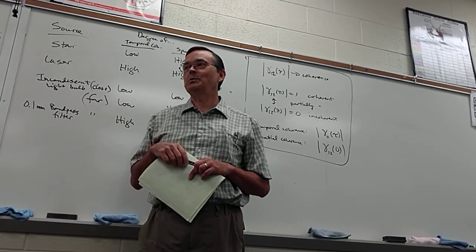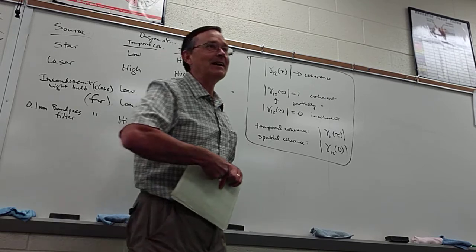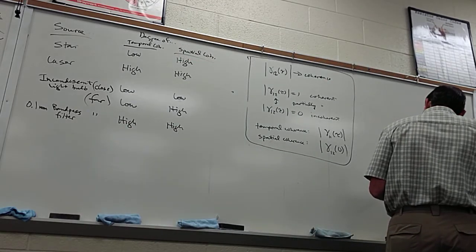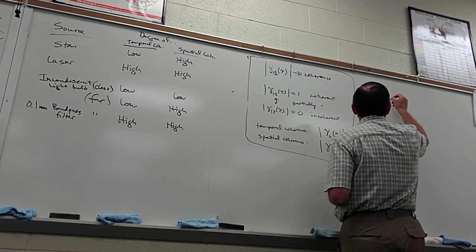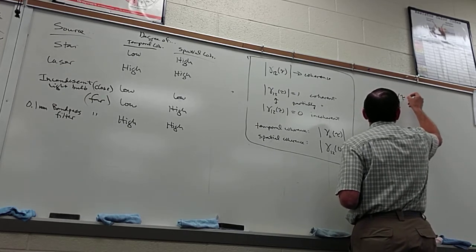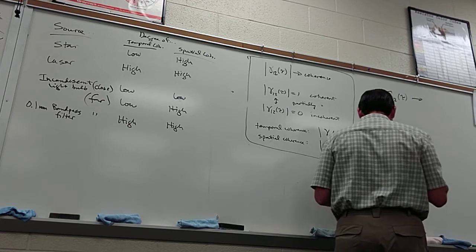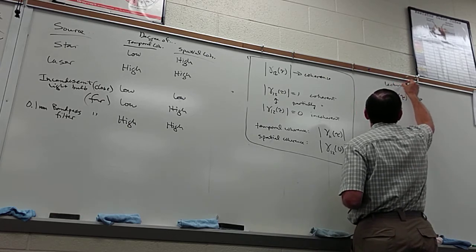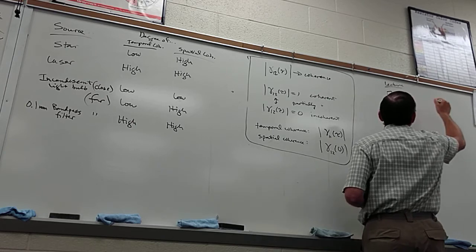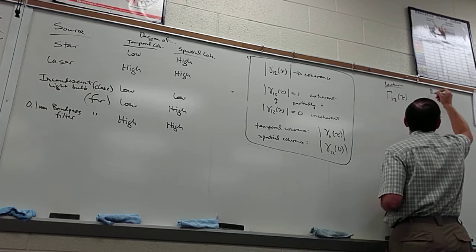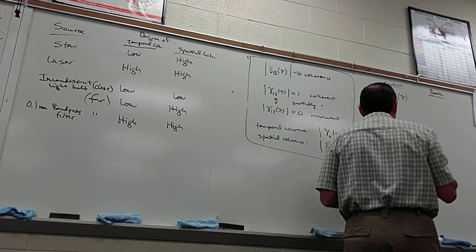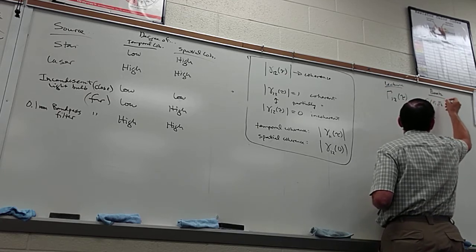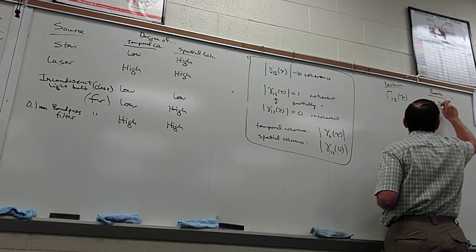Now, one thing that will be annoying for you is that the notation I just developed is different than the notation of the book. Lovely. So let me just show you what corresponds to what. The mutual coherence in the lecture, in the book they call that capital G of R1, R2, and tau.